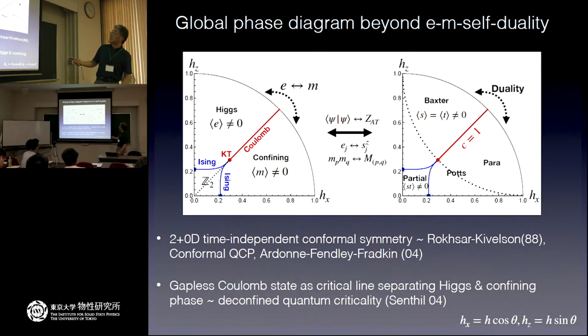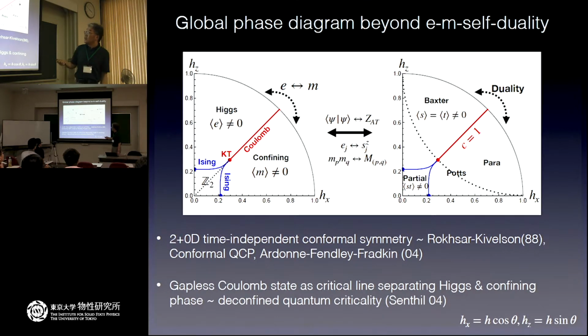After that we can get the complete phase diagram for the deformed wave function of the toric phase. And this phase diagram is actually comparable to the phase diagram of the Ashkin-Teller model, but the meaning of each phase is slightly different, and the properties are also different.